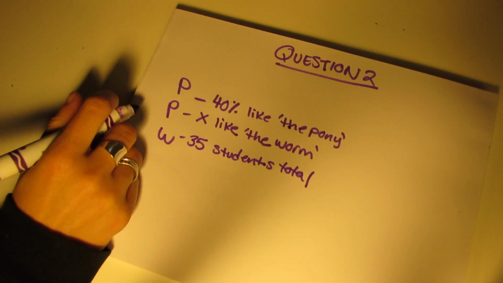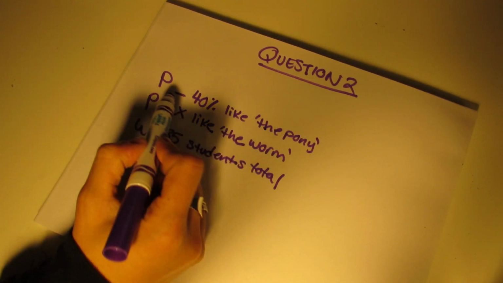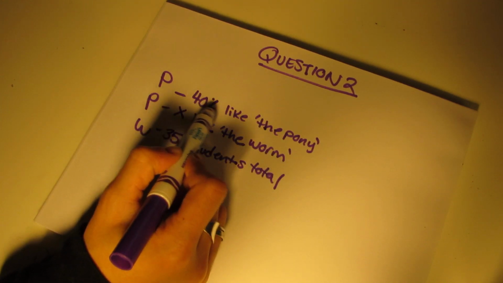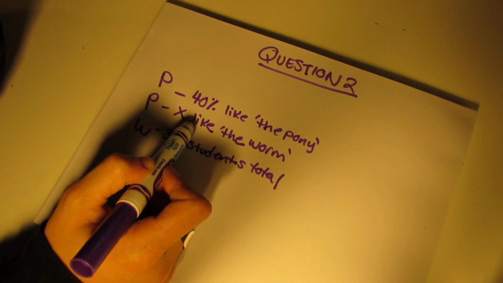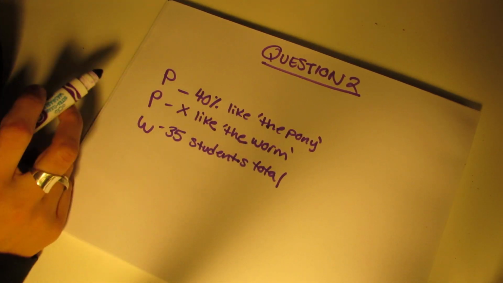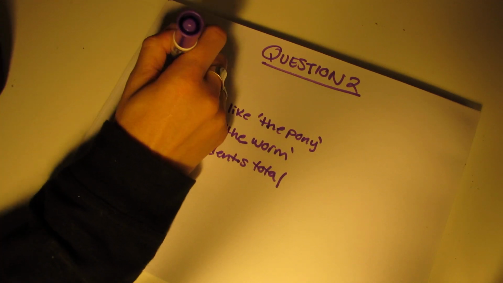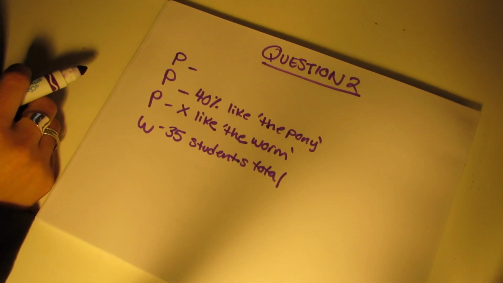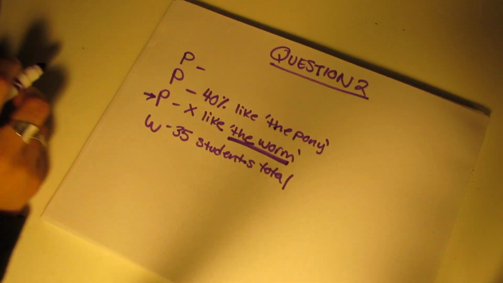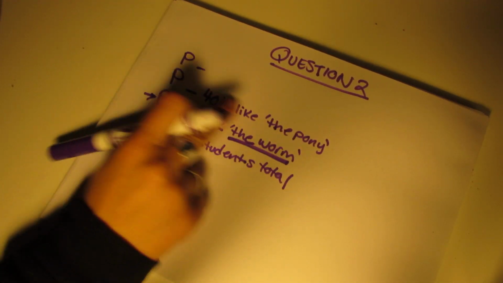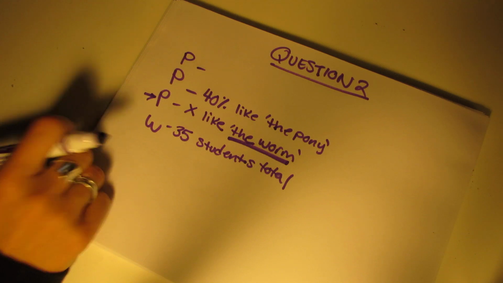All right. Now here's the problem. This part, this is 40% that like the pony, and this is X amount of students that like the worm. These two parts don't match. That means we got to get a little creative. And we got to create another part, okay? Because we have to solve for the students that like the worm. I don't really care about the students that like ride the pony. I'm so sorry.